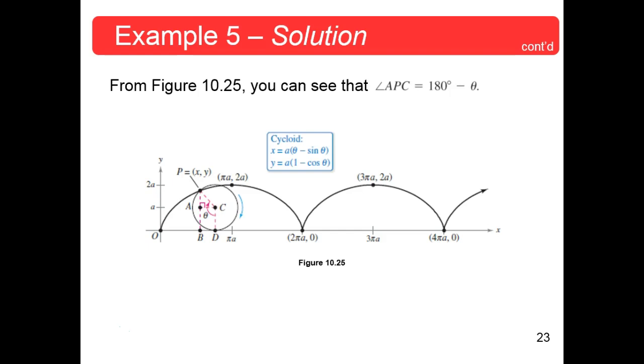So a supplement means the sum is 180, so it's 180 degrees minus theta. Okay, this angle right here. And you almost ask yourself, so what? What's the deal with that angle?